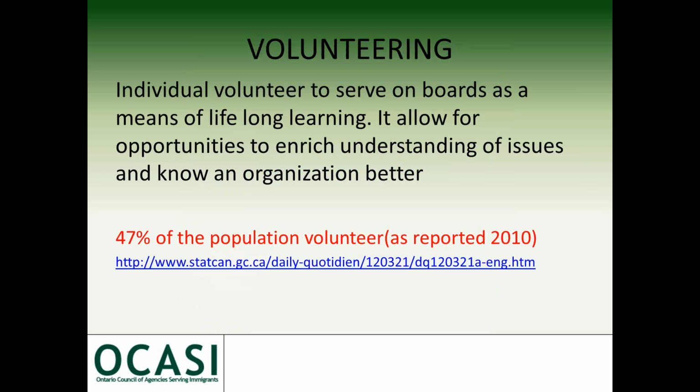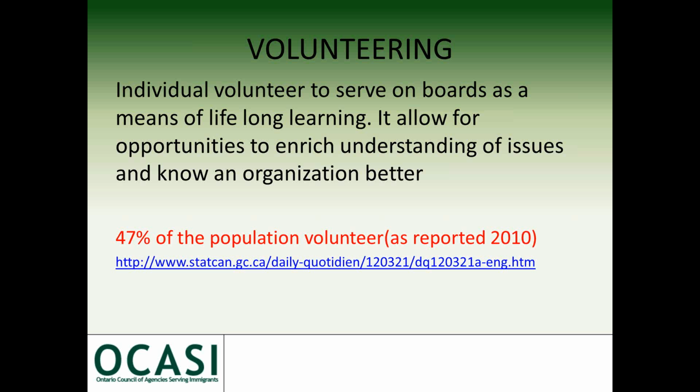So individuals come forth and want to volunteer. Most individuals volunteer to enrich their knowledge, to do lifelong learning, and it's an opportunity for them to get to know your organization. StatsCan 2010 reported that 47% of the population volunteer. I've also listed the StatCan website, if you want more historical information on the demographics that volunteer, why they volunteer, and region per sector.